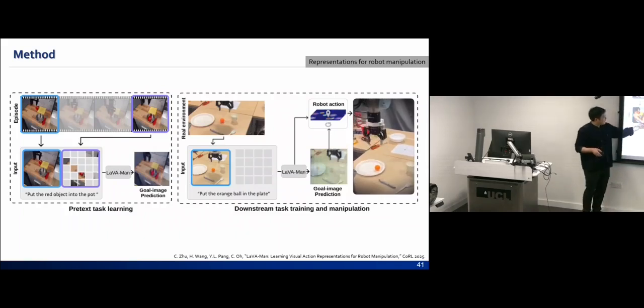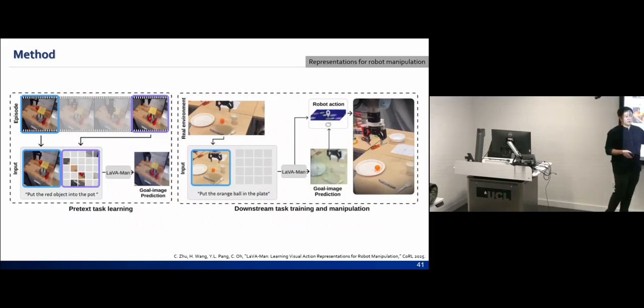So we give this hint, the masked goal, and let the model simply perform the goal image prediction. After this goal image prediction is successfully performed, we use this representation to further adapt to the actual robotic task, as you can see here. An extra benefit of this LAVA-MAN model is that our model has some understanding of goal image prediction.